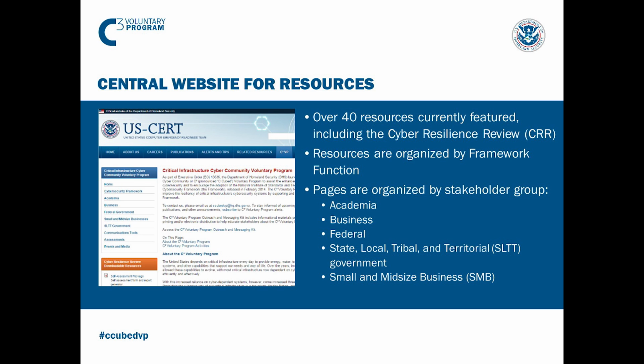It'll take you to a page that talks about all the resources we have available, like for academia, state and local. We have a section for SMB, small and medium-sized businesses, with the various tools and resources to help them along as they continue to work through this cybersecurity framework.